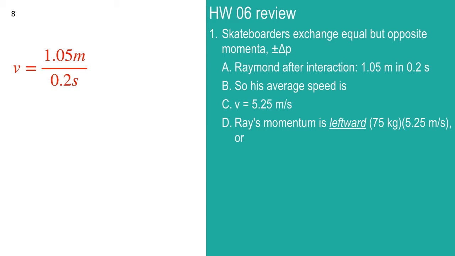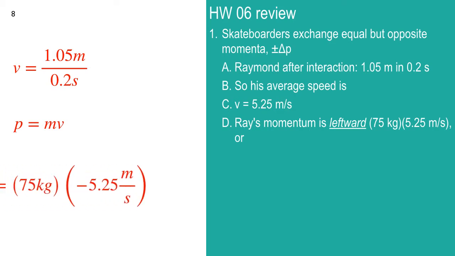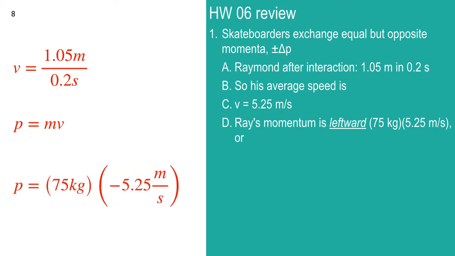Now notice here, Letitia, I have the word leftward underlined. Now when I have that, I don't have to use a minus sign if I've got the word leftward in my sentence. But now if I want to calculate, I can definitely put my minus sign in there.